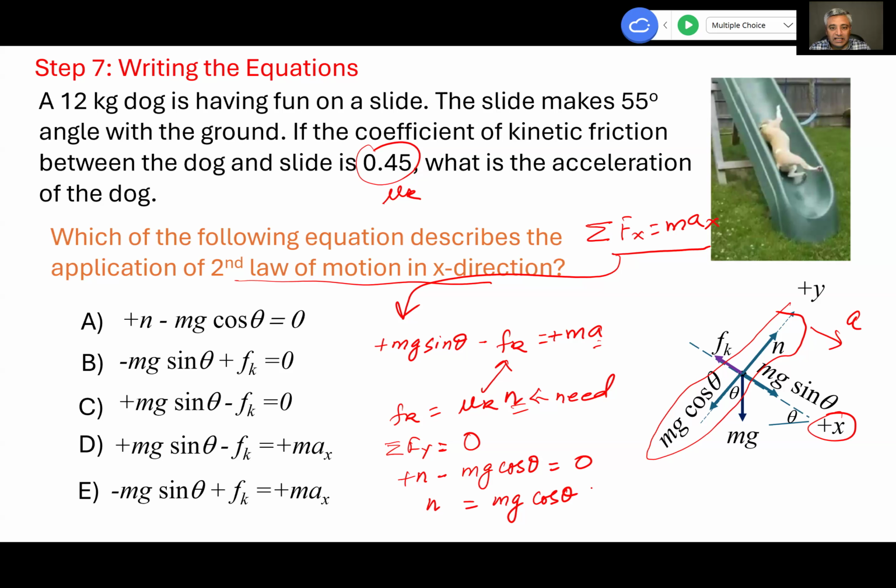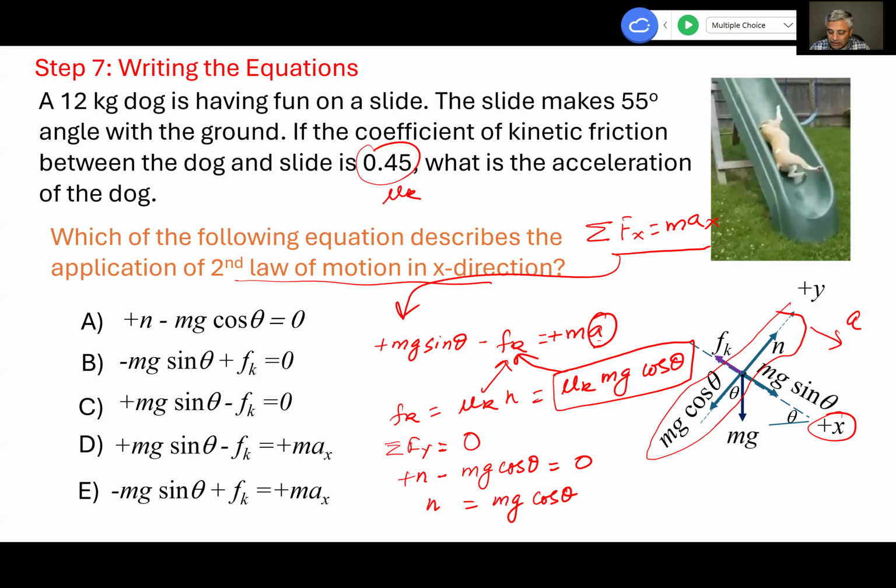Probably you discovered that while doing the worksheet that was due this week. So that's how this friction force can be found from the friction coefficient and normal force. It becomes mu k times mg cosine theta. So you want to replace this by that and solve for a.